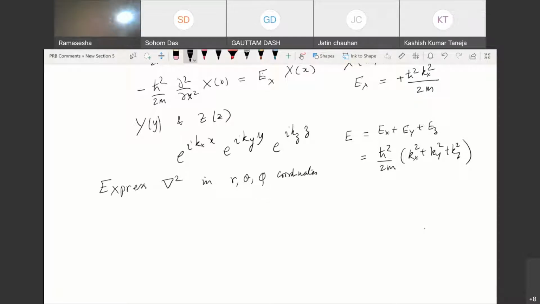So to do this, what we have to do is get the function f as a function of r, theta, phi.